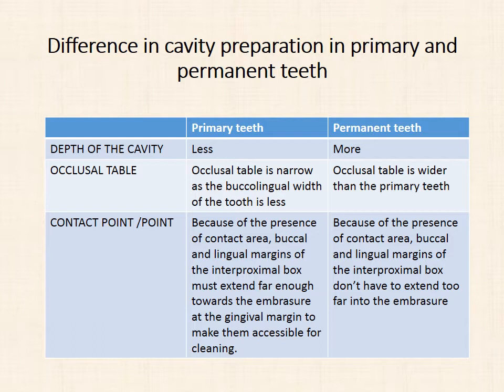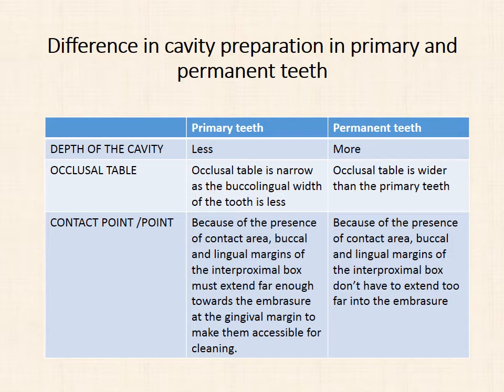Because of the contact area, the buccal and lingual margins of the interproximal box must extend far towards the embrasure at the gingival margin to make it accessible. To break the contact area, you have to extend the buccal and lingual margins of the proximal box towards the gingival margin, so that it comes into the self-cleansing area. This leads to more extensive cavity cutting.